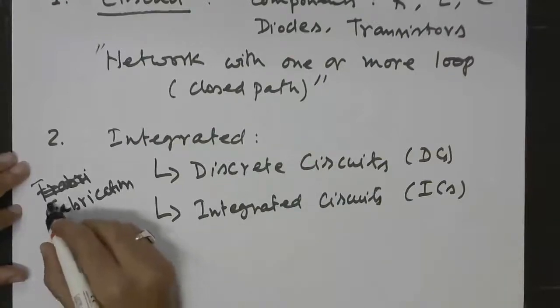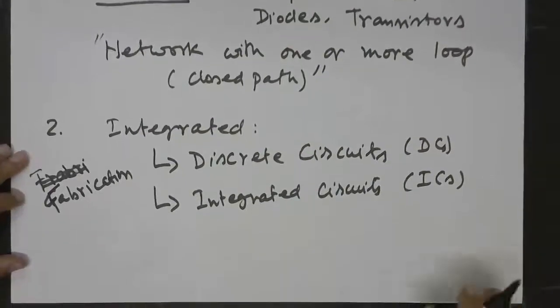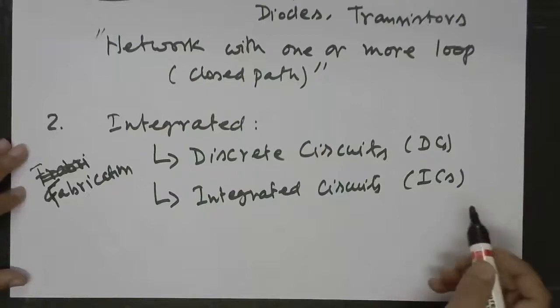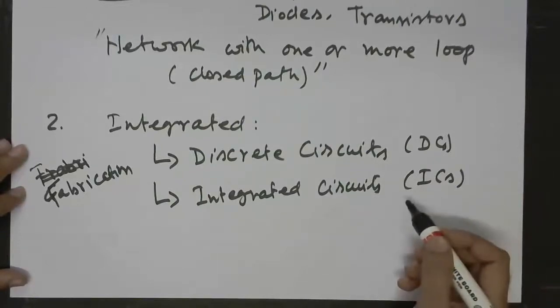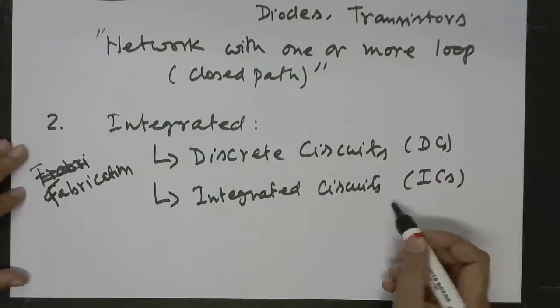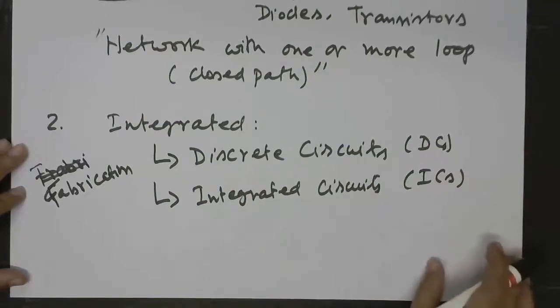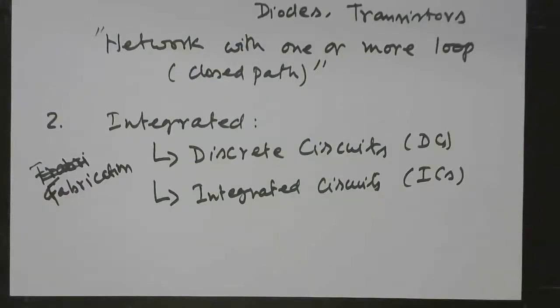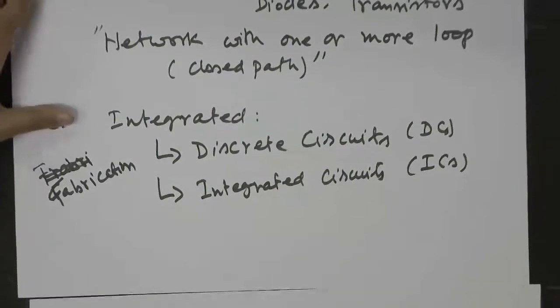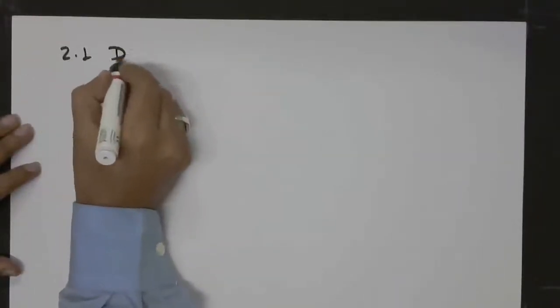So only in terms of fabrication there is a distinction. And as the title suggests, we will be talking about integrated circuits because most of the circuits that we encounter in real life are of this family. So now, what are discrete circuits and what are integrated, and which one is better and dominates, and why?